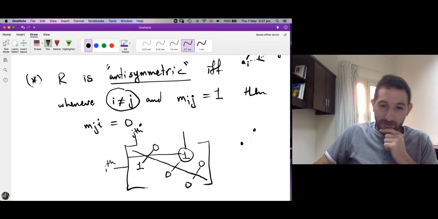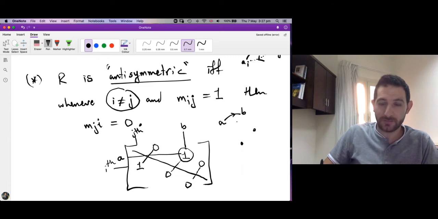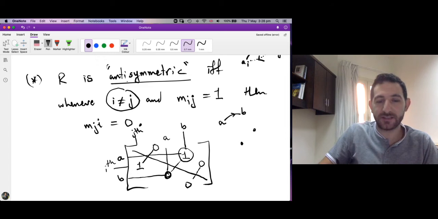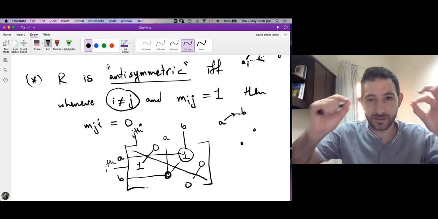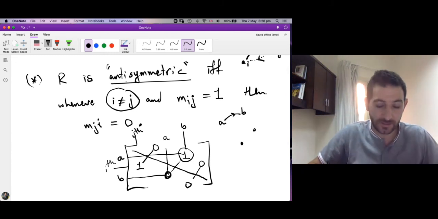So suppose this is the element A and this is the element B, then this means that A is related to B, but then B should not be related to A. So here is B, and here is A. This means that we should not have an arrow from B to A. So here it should be 0. Why is this? Because it's antisymmetric. If two elements are different, and one is related to the other, the other should not be related to the first.